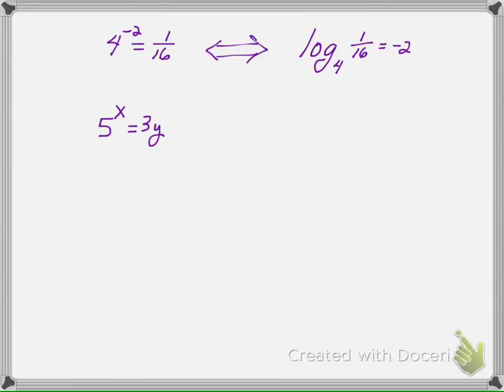Right? 5 is your base. X is your exponent. That goes at the end. But that 3y needs to be on the same level as the log. So it should look like this. Log, base is 5, equals x, and then 3y is on the same level as the word log. So we don't want to make that look like an exponent, right?